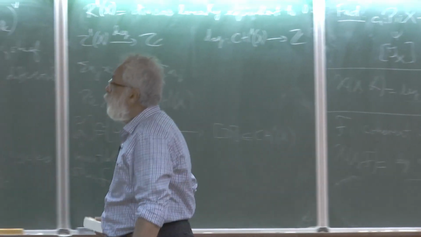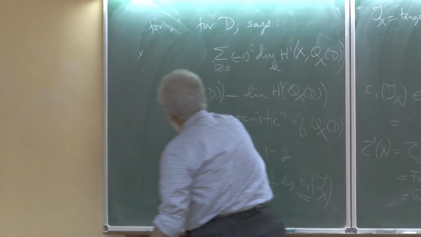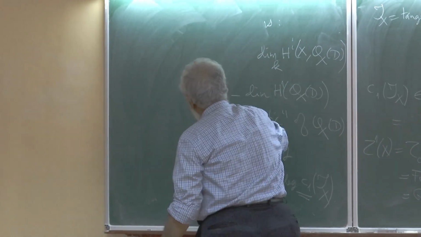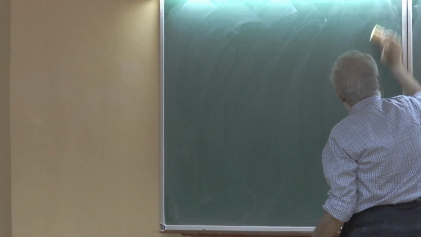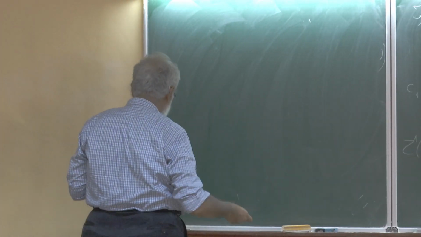Now what about a surface? That too is there if you've studied Hartshorne, for example. He has a Riemann-Roch theorem for surfaces. So the Riemann-Roch theorem I'm going to write down is slightly different from what he writes, though of course it's equivalent.